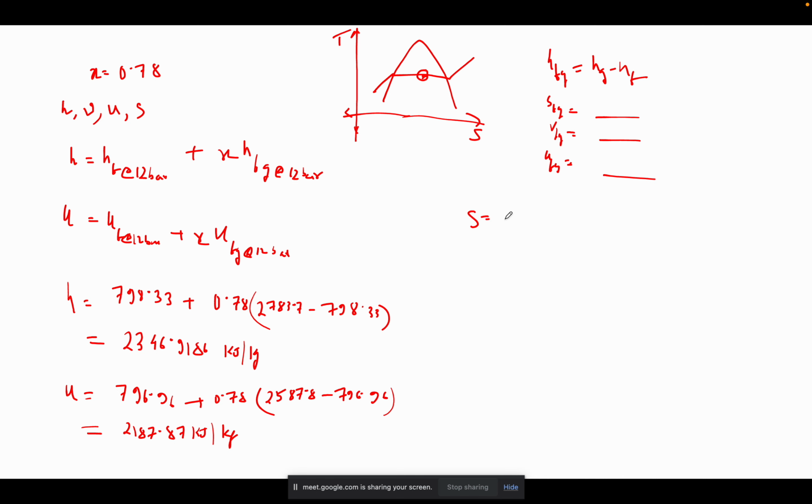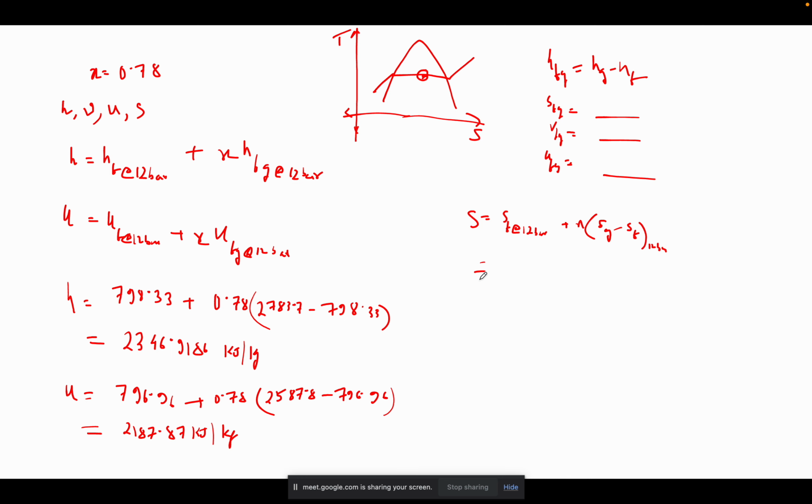Similarly your S is equal to Sf at 12 bar plus X times Sg minus Sf at 12 bar.